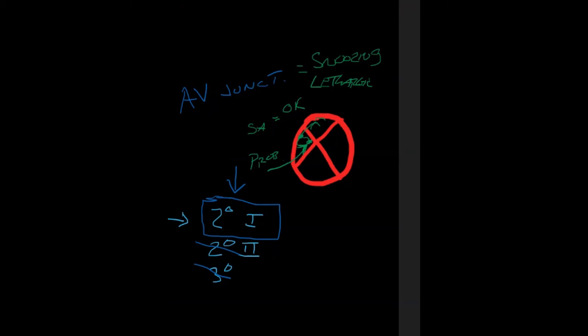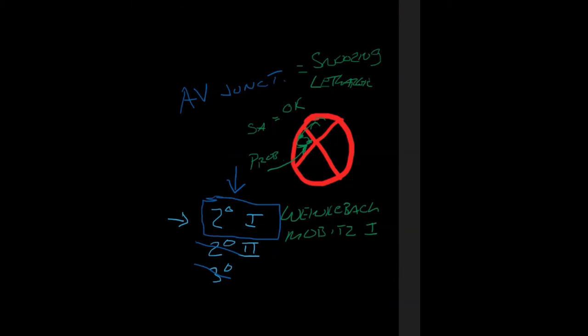And it's not. So a second degree type 1 is also called a Wenckebach, or you'll hear people call it a Mobitz 1. So you can hear it either way, three ways actually: second degree type 1, a Wenckebach, or a Mobitz type 1.